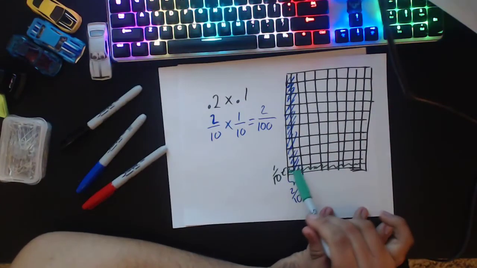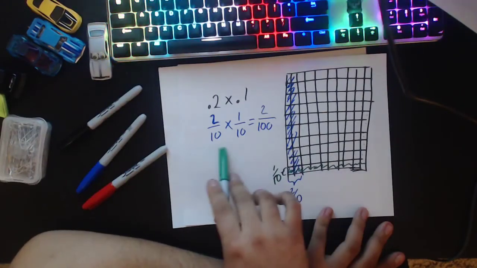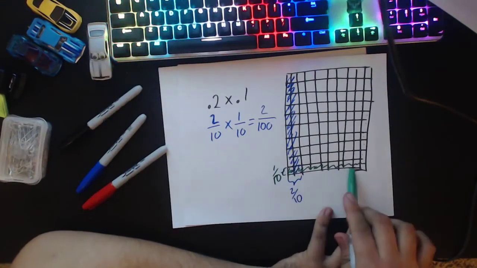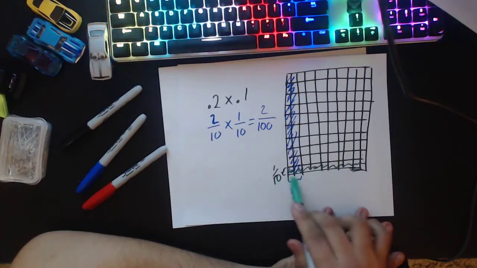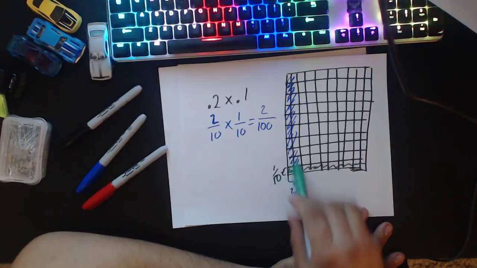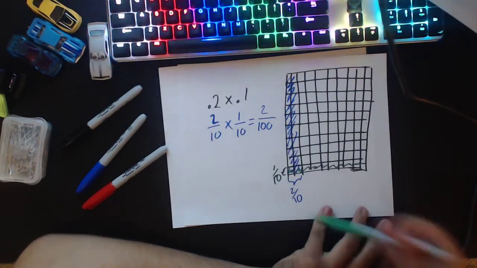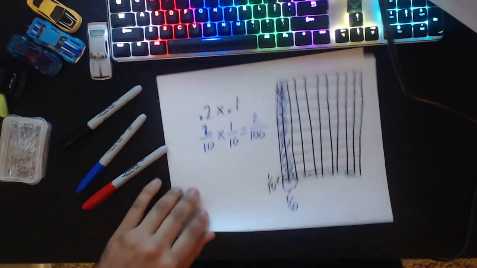And I have 2 that are double shaded. That is what the model is asking you. It's asking you to model this and then label. Make sure you label. Whatever is double shaded will be your numerator, and the entirety of the box, so 100, will be your denominator. And that is it.